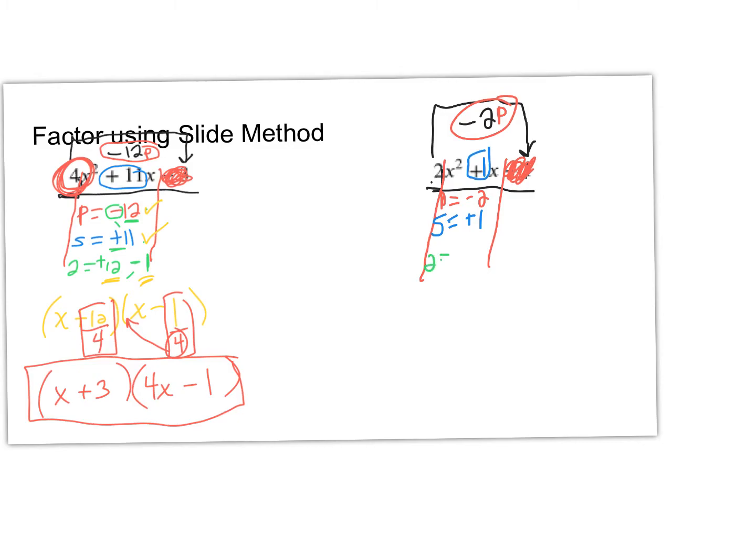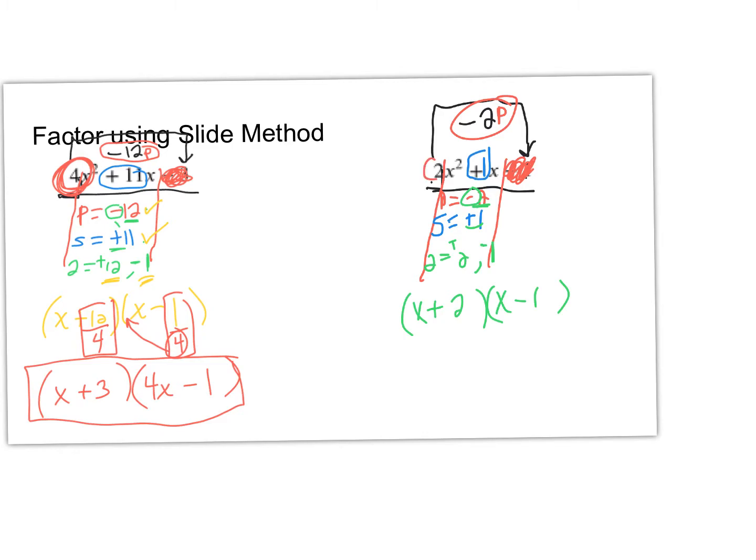So my two numbers that multiply to 2 but subtract to 1 are again 2 and 1. Now the signs to give me a +1 are +2 and -1. So let's do this up: x plus 2, x minus 1.